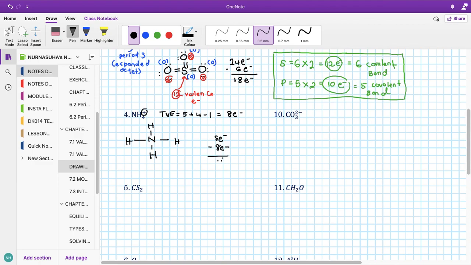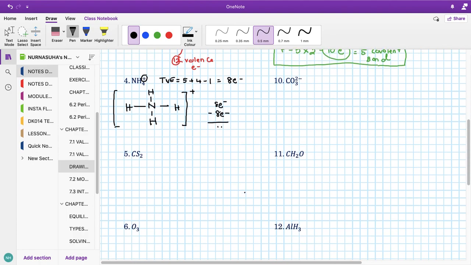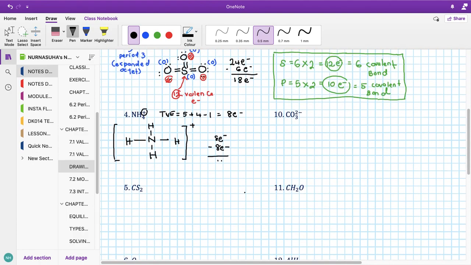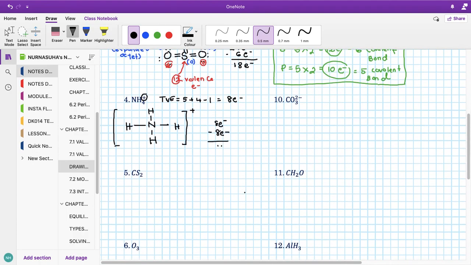Dah tak ada yang lebih. So for ion, please make sure you draw it in a square bracket and put the charge outside the bracket. This is a must. Okay, ini perlu.